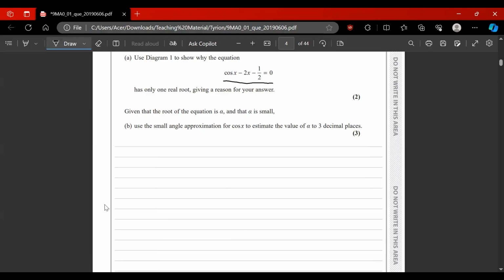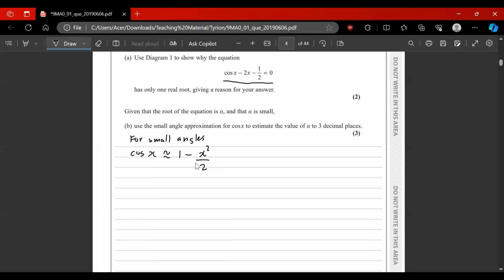In this case, we need to make use of the small angle approximation for cos x, which is that for small angles, cos x can be approximated to 1 minus x squared over 2. So this is the small angle approximation for cos x.